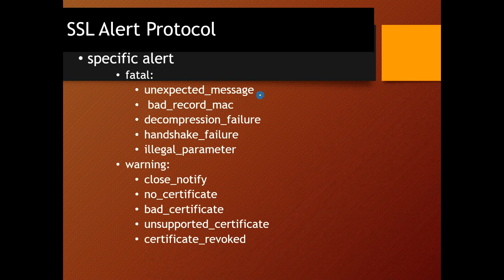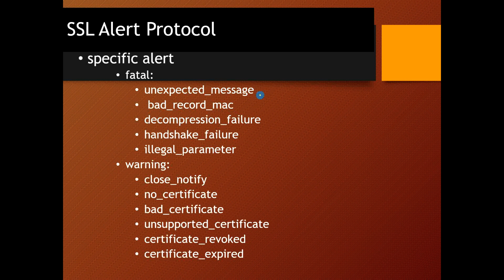Next we have certificate revoked. This corresponds to a certificate that was cancelled by the signer, so we send a certificate revoked message. Then we have certificate expired. If a certificate is expired, we send a certificate expired warning.